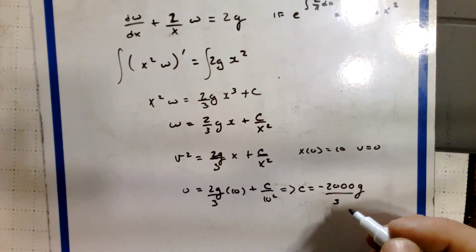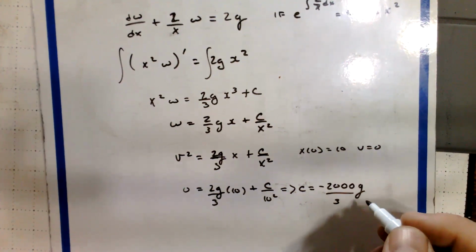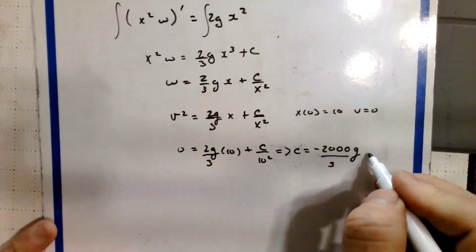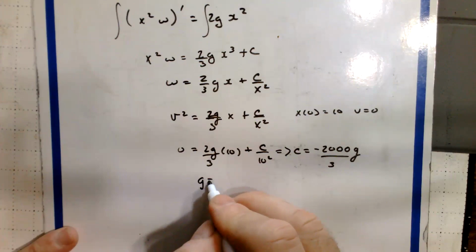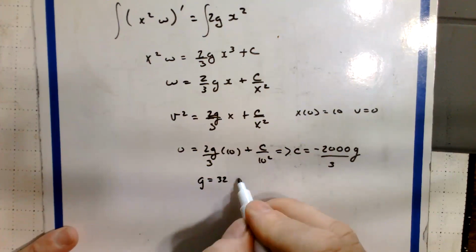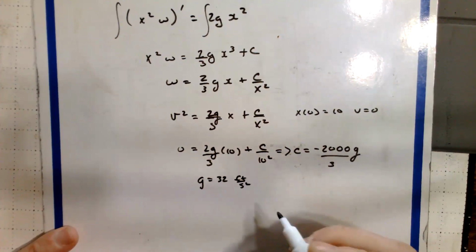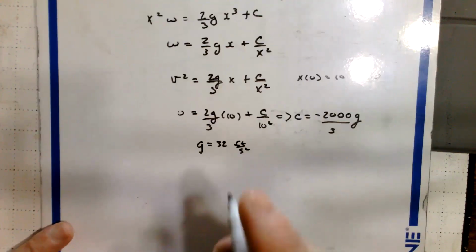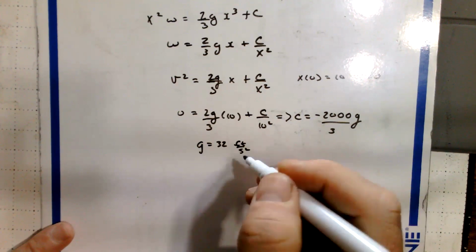And so finally, I guess we could approximate g as 32 feet per second squared, since this is in feet. Roughly speaking, that is true.